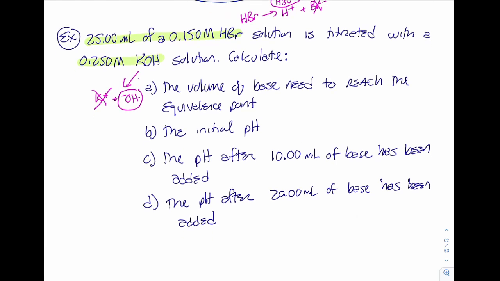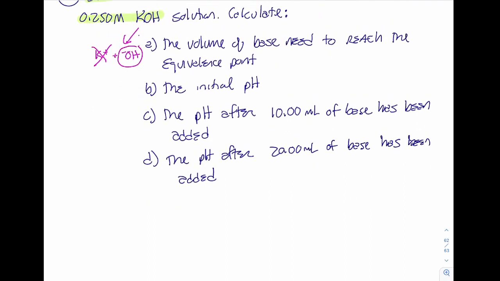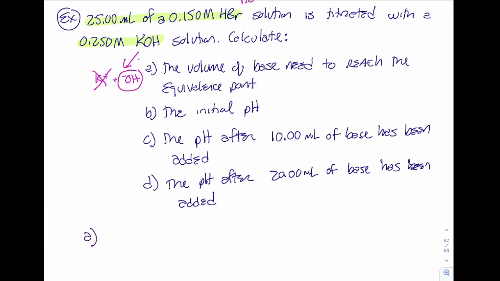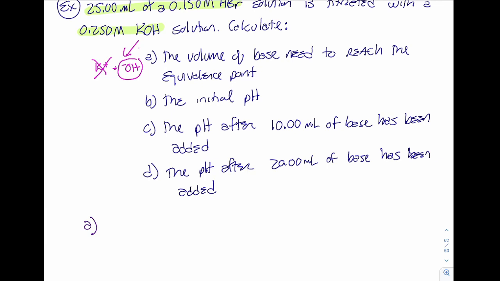So our first part, part A, we're going to calculate the volume of base needed to reach the equivalence point. Remember at the equivalence point, the number of moles or millimoles of HBr, so hydronium ions, is going to be equal to the number of moles or millimoles of potassium hydroxide, so OH minus. So we're going to first determine the number of millimoles.